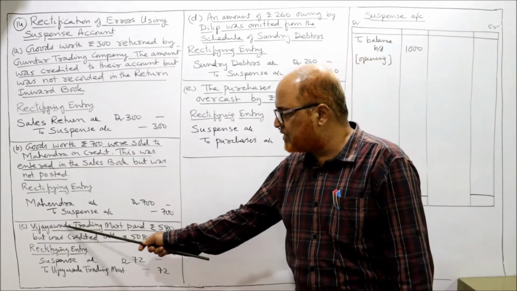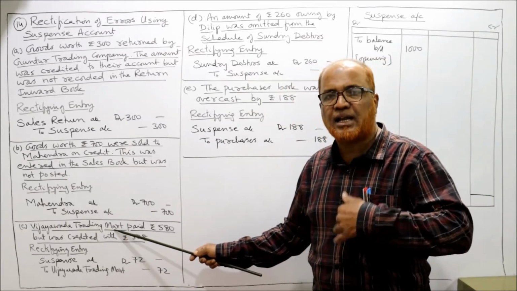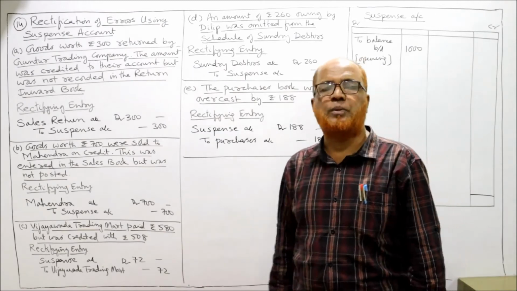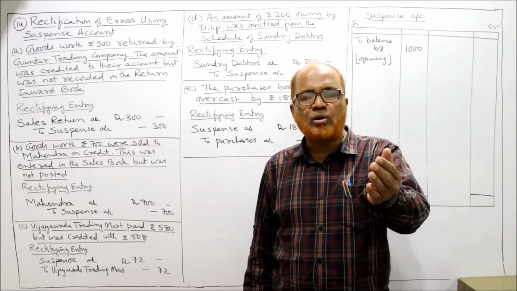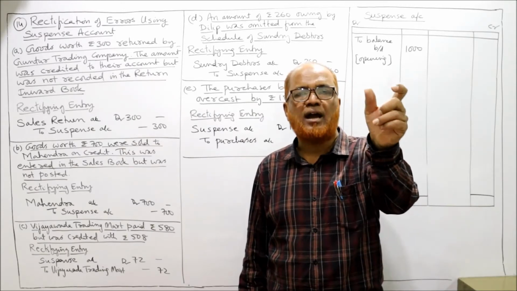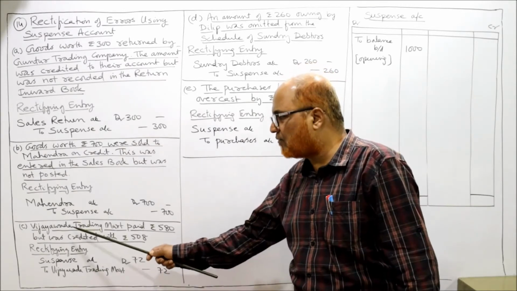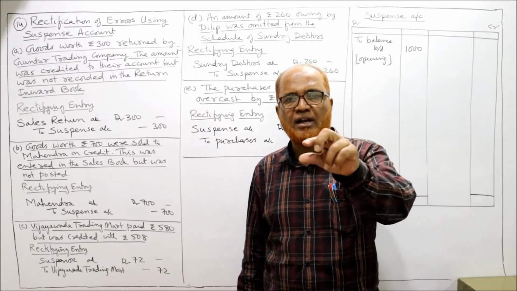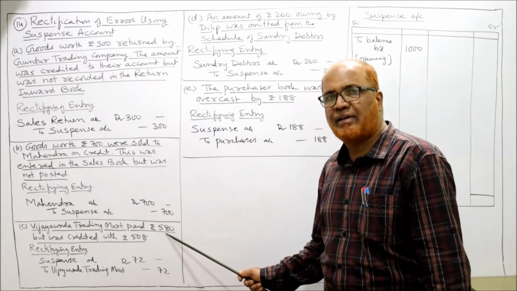Third, Vijayawada Trading Mart paid rupees 580. That means this Vijayawada Trading Mart is our customer, and our customer has paid 580 rupees. So when cash is received, the entry will be cash account debit to Vijayawada Trading Mart, how much? 580.